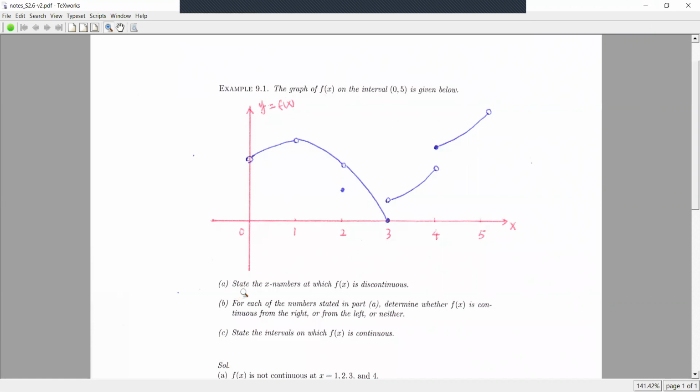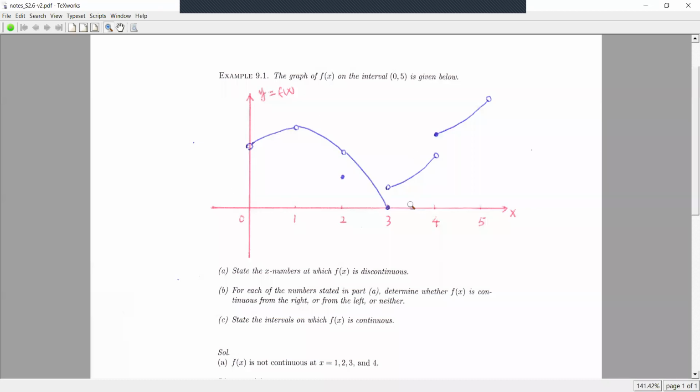Question A, state the x numbers at which the function is discontinuous. B, for each of the numbers stated in part A, determine whether the function is continuous from the right, from the left, or neither. Question C, state the intervals on which the function is continuous.